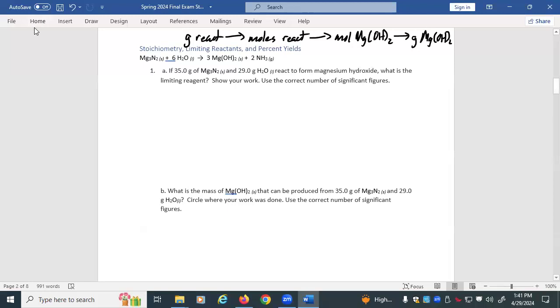So starting with the magnesium nitride, 35.0 grams of magnesium nitride. First thing I need to do is convert those grams into moles.